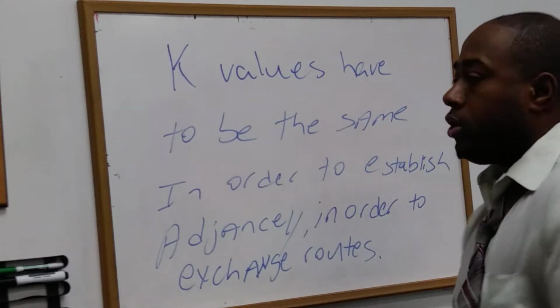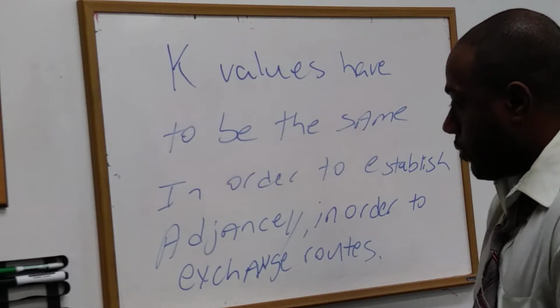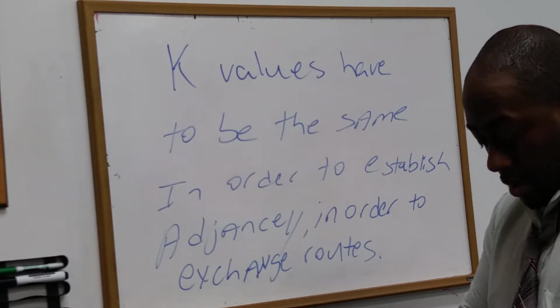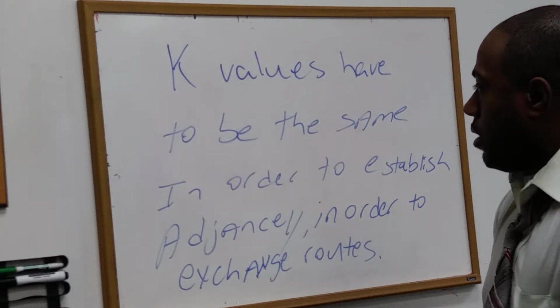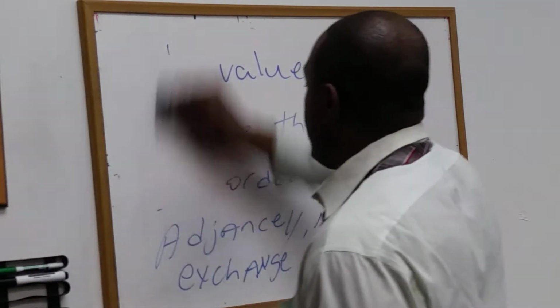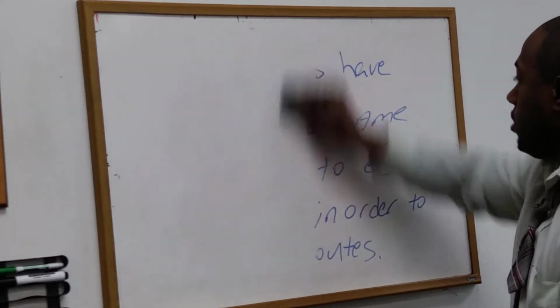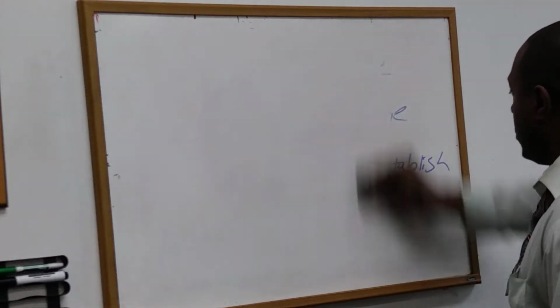Now, also in EIGRP, we have 3 tables: the routing table, the topology table, and the neighbor table.